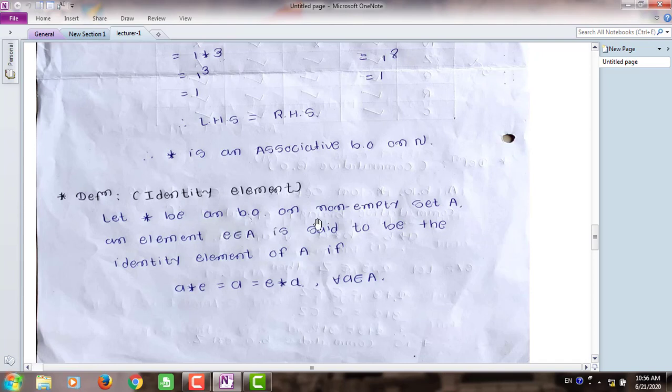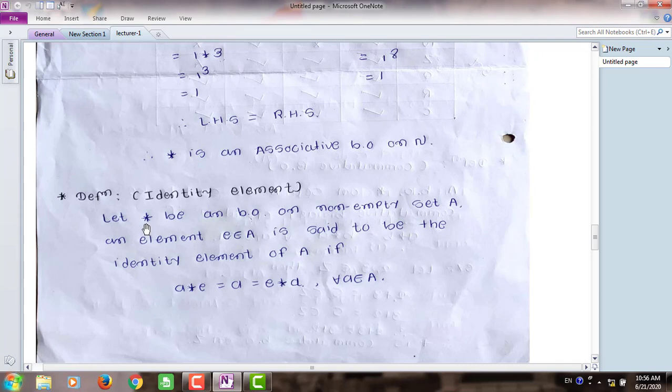Let star be a binary operation on a non-empty set A. An element E belongs to A and is said to be the identity element of set A if, for an element A belonging to A and E belonging to A, when we apply the binary operation star, the answer is our element A. Also, E star A is equal to A. Then E is called the identity element of A.